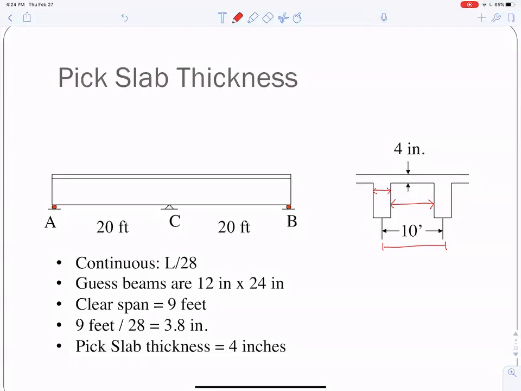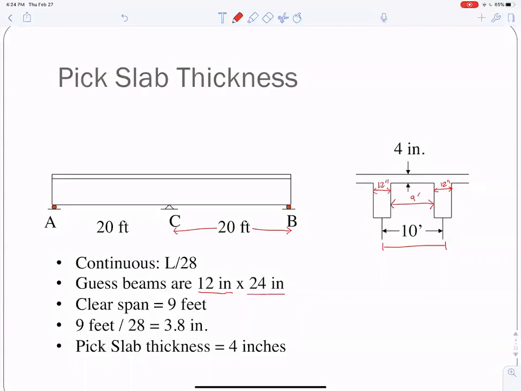Since the beams are spanning 20 feet, I'm just going to guess that they're 2 feet deep and that the width is half of that, or 12 inches. So I'm guessing that this is 12 inches and that's 12 inches, which makes the clear span 9 feet.